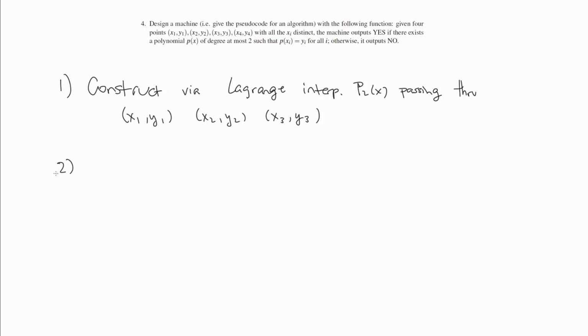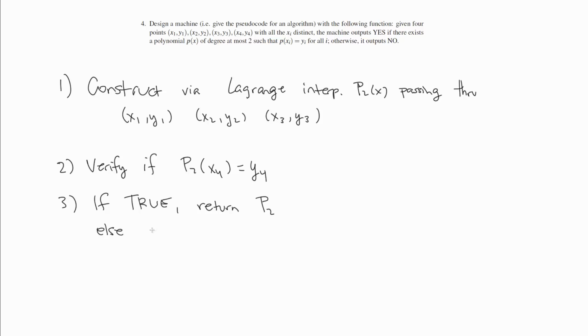And we know that this polynomial is unique. So all we need to do is verify if P2 of x4 is equal to y4. If this is true, then our answer is just P2. Else, we return false.